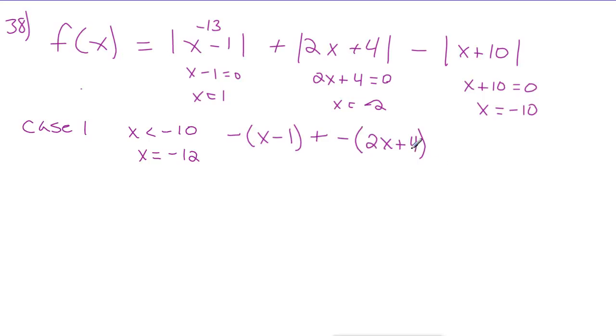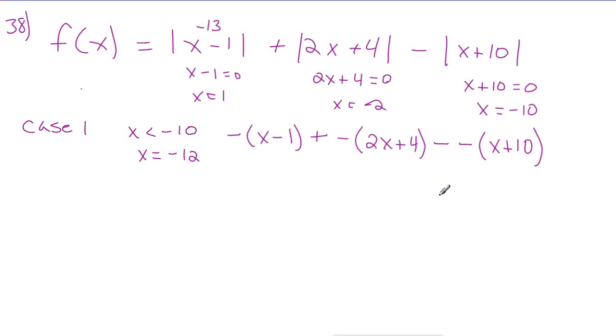And then lastly, if I put negative 12 into the last expression, negative 12 plus 10, again that's negative 2, but I want that to be positive 2, so I would negate this expression. But we have this minus sign here, so I'm just going to bring that minus sign down first, and now I'm negating this. So now I'm doing negative x plus 10.